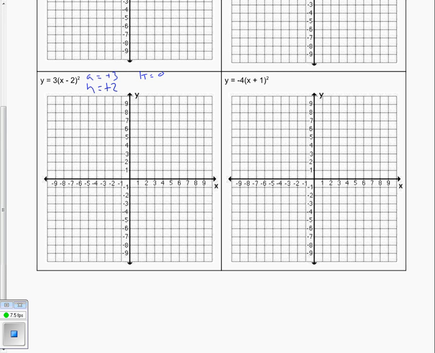So let's first plot where the vertex is. The vertex is going to be at positive 2, 0. Okay, but because the a value is different, we're going to have to make some calculations quickly about the shape of this particular parabola. So because the a value is not positive 1, that means that the shape is going to change.